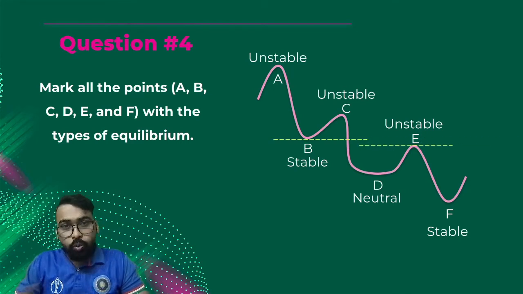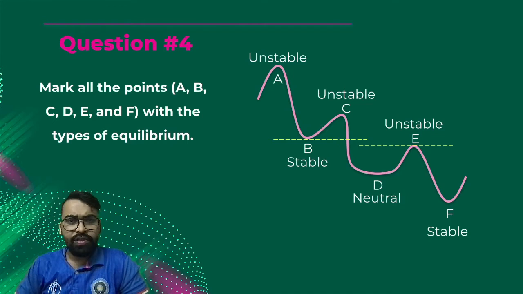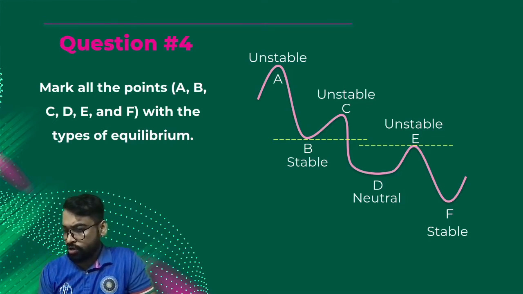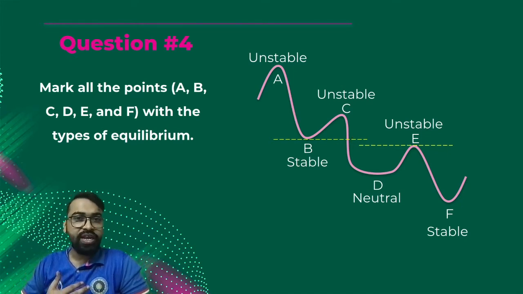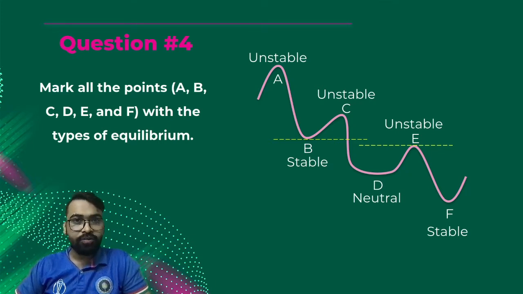So now one thing that I can say a little extra in this case is that if I draw these two lines that just appeared for us, a horizontal line at B and a horizontal line at E, what is the inference that I can make? What is the conclusion that I can draw over here?